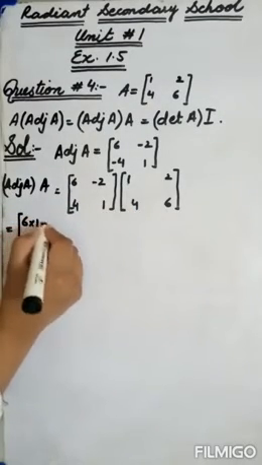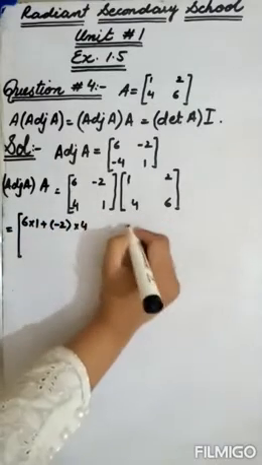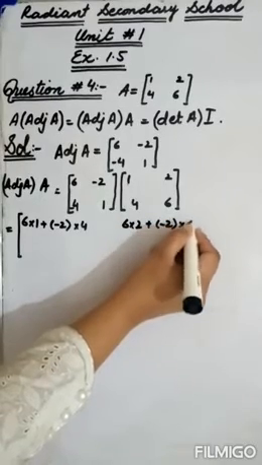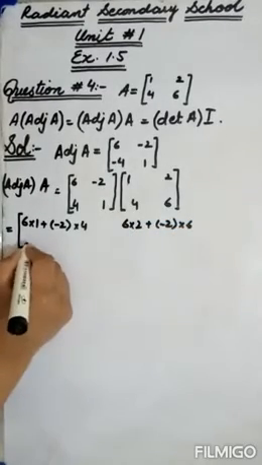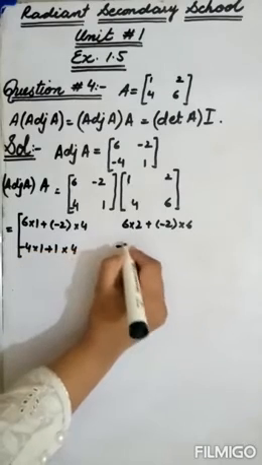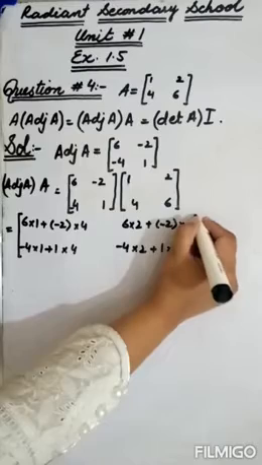6 into 1 plus -2 multiplied by 4. 6 into 2 plus -2 multiplied by 6. -4 multiplied by 1 plus 1 into 4. -4 into 2 plus 1 into 6.